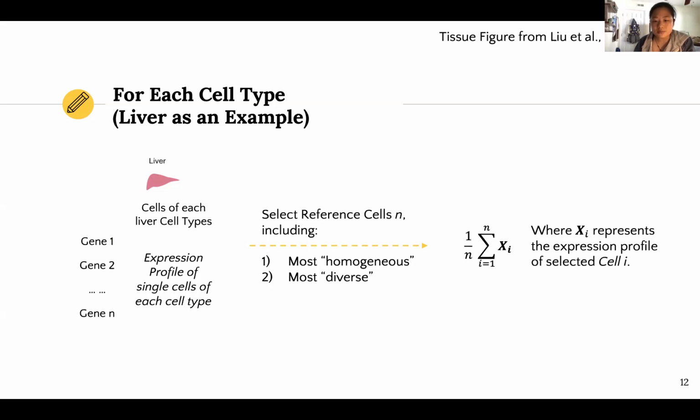Using this, we will calculate an average of these expression profiles to build a final pseudo bulk of this cell type, for each cell type inside of liver.